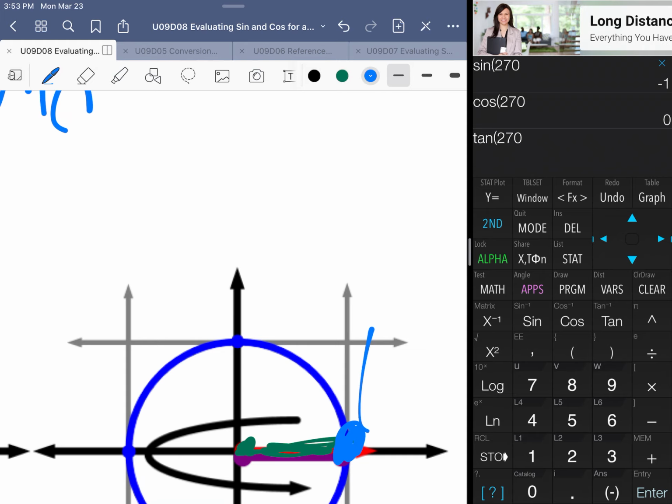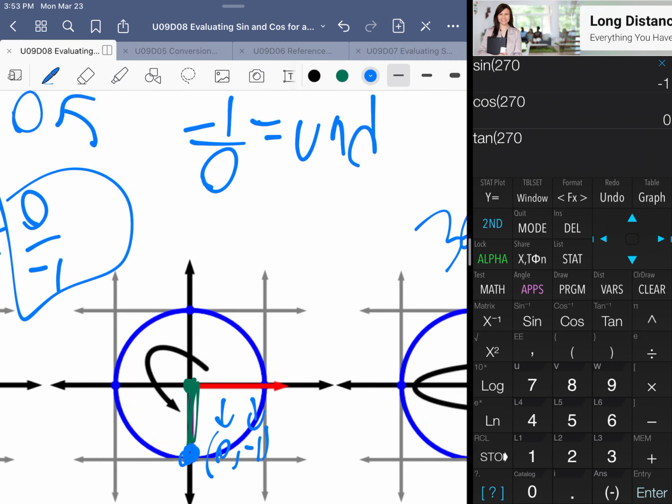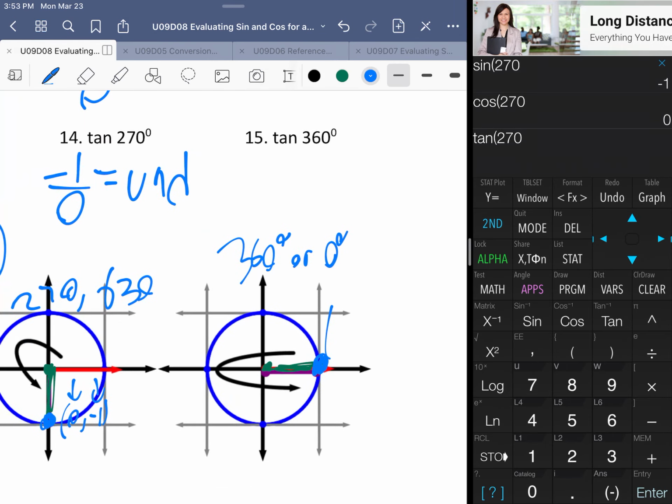It's also 0, so this is 360 or 0 degrees, or 720, whereas 270 is the same thing as 270 plus 360, so 630 would have the same values.